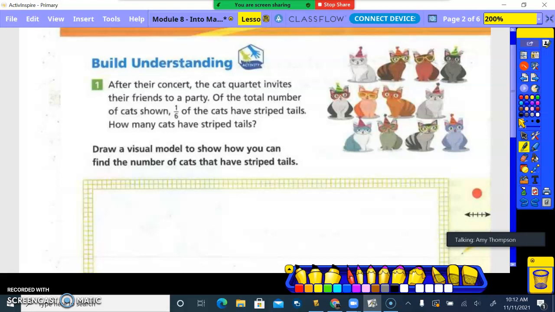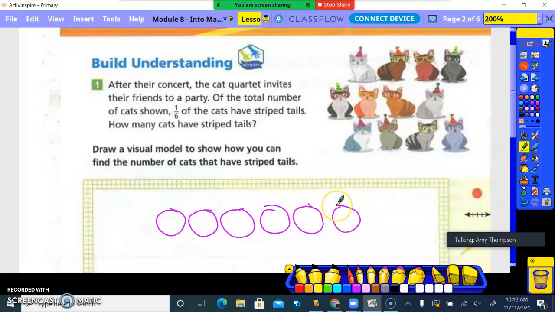Yes, so we can draw 6 circles. And how many layers do we need if we do 6? Do we need 1 more row? Yeah, so we need 1 more row to get 12.